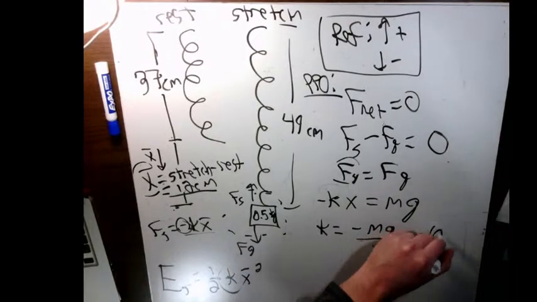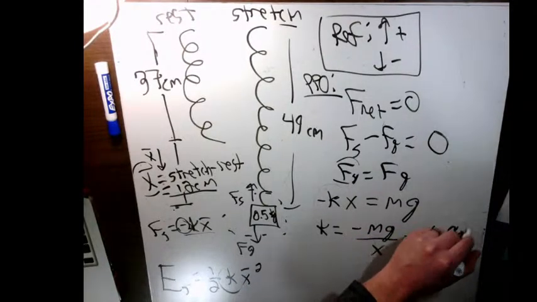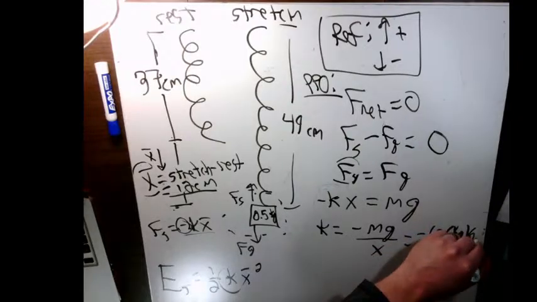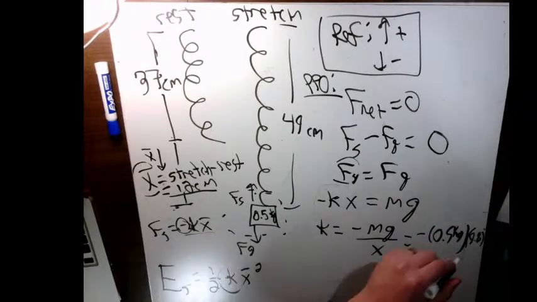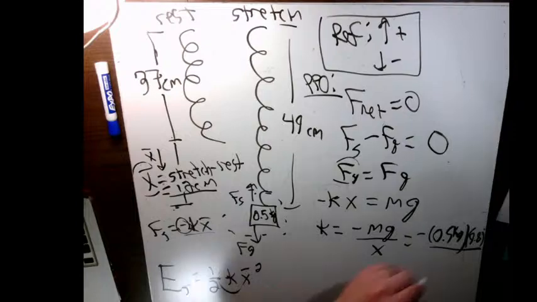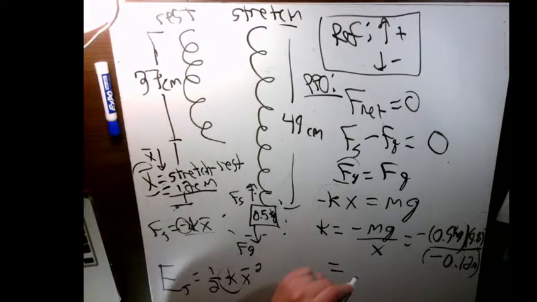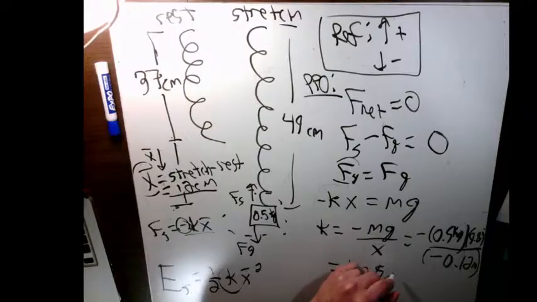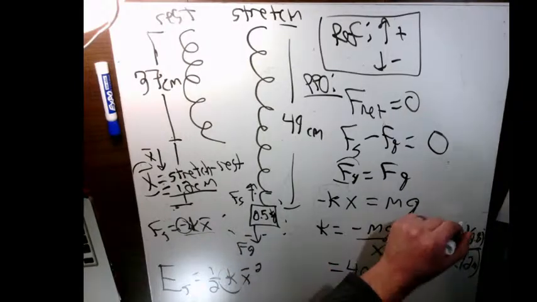Negative 0.5 kilograms, gravity is 9.81, and we're dividing it by negative 0.12 meters. 12 centimeters we need to convert to meters. And this comes out as, negatives will cancel, 40.875, and our units, kilograms, meters per second squared, right?